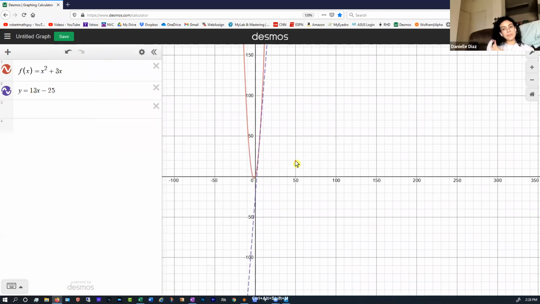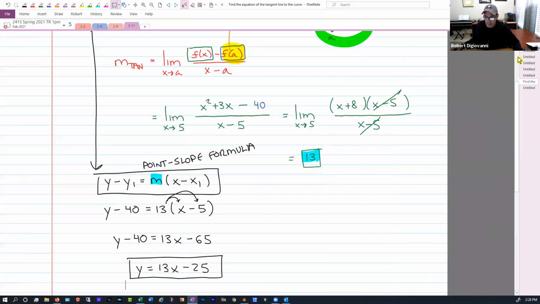All right, we have about 12 minutes. Let me try and do one more. Same instructions, all right? I want to find the equation of the tangent line to this curve.